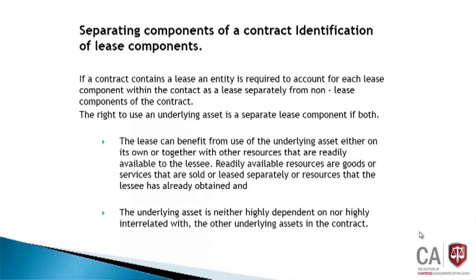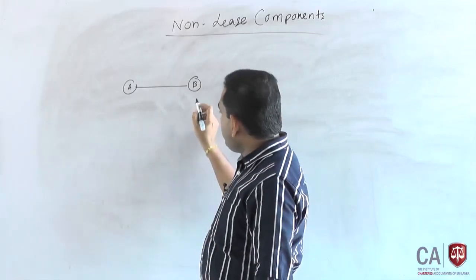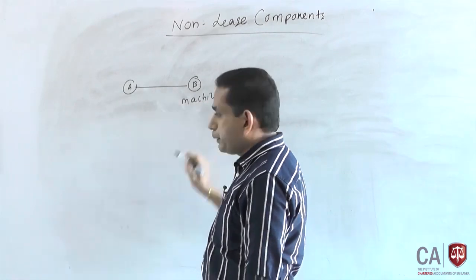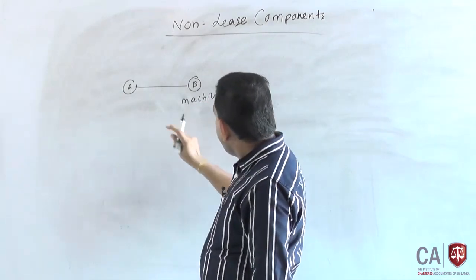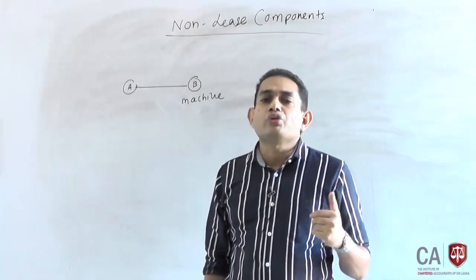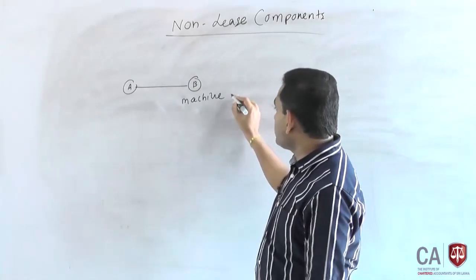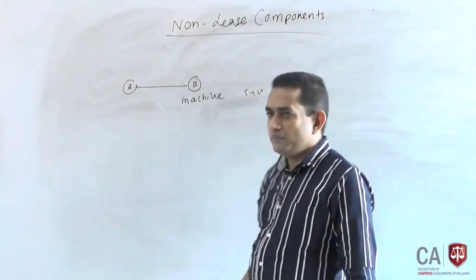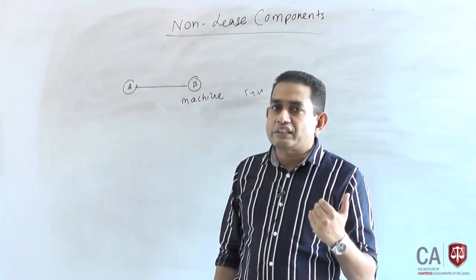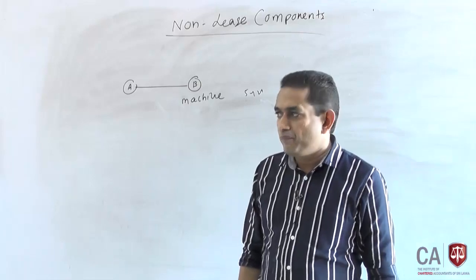Now, the lessor is A and the lessee is B. B takes an asset, say a machine, under a lease agreement. Apart from A conveying the right to use the asset over a specified time, say 5 years, A also agrees to provide the required maintenance services of the asset over 5 years.